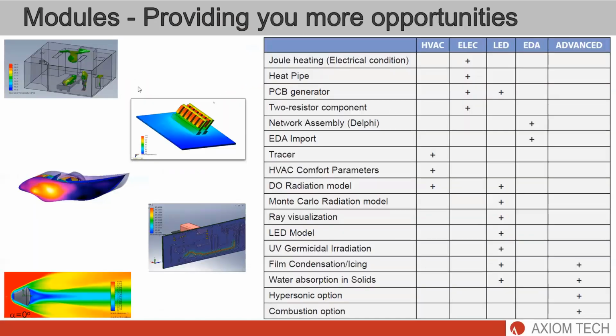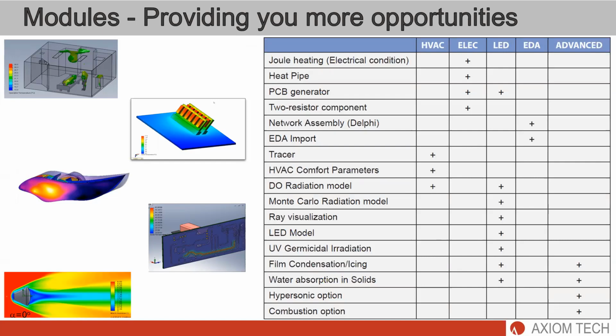Sorry, this is correct. HVAC modules also offer you a library of building materials, which are very important for accurate simulation of heating, ventilating, and air conditioning. The electronics module adds functions for cooling.